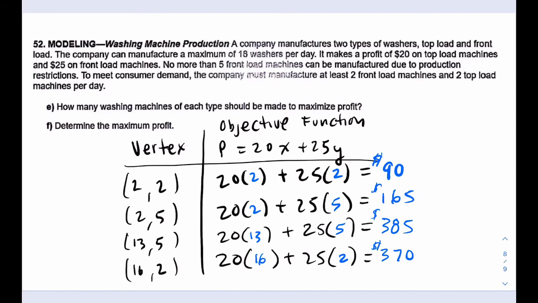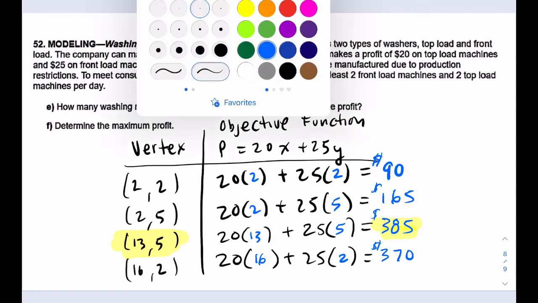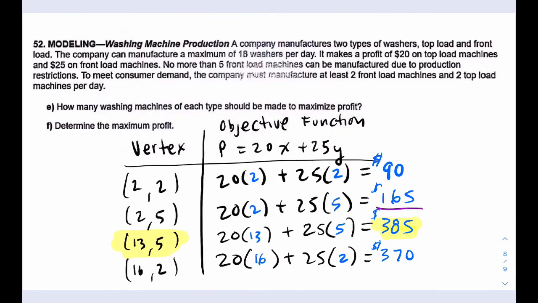So which one yields the maximum profit? Looks like this one is our maximum profit, and here's the values. So this is our max profit. And what are we going to be making? 13 top loaders.